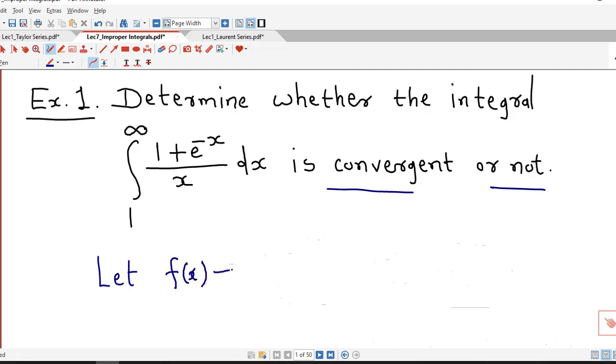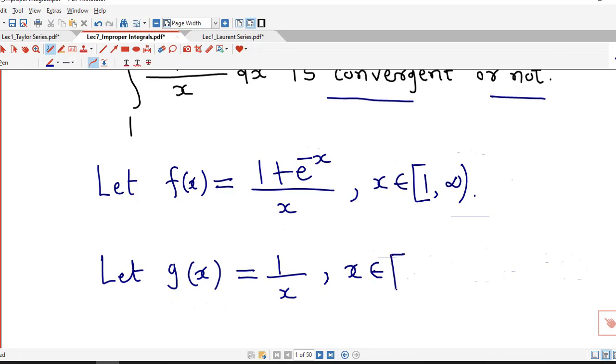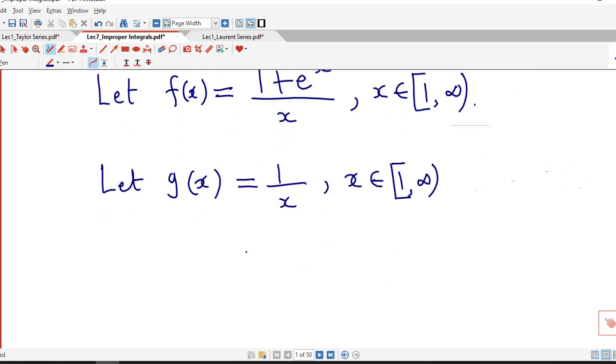The given function fx is (1 plus e raised to minus x) by x, the interval of integration is from 1 to infinity, and we take gx equal to 1 by x, where x is also considered from 1 to infinity. Now we check the relationship between fx and gx.